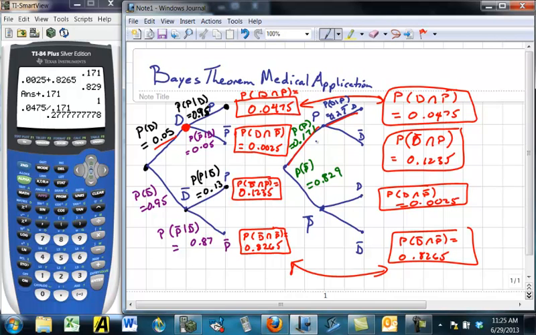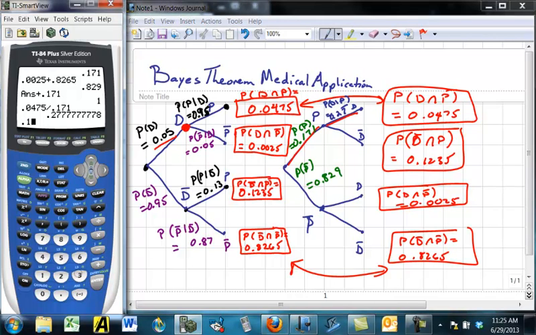We can similarly, well, now we have two options to find this next one. We can do it by doing 0.1235 and dividing out by 0.171.